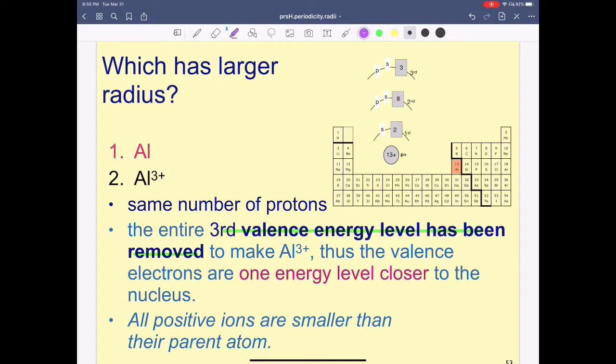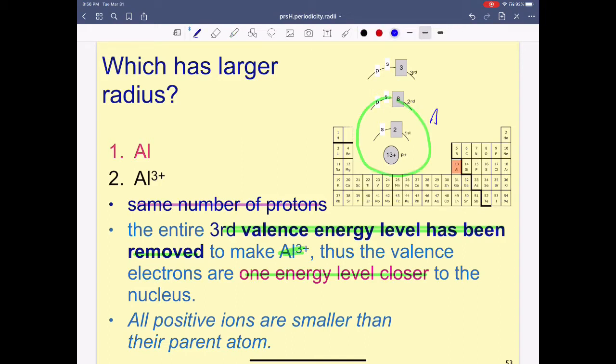It's important to note that these two particles have the same number of protons. But once that third valence energy level has been removed, this will make the aluminum ion's valence electrons be in an energy level closer to the nucleus. I'll make a sketch.